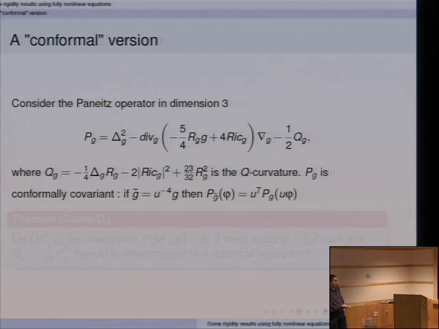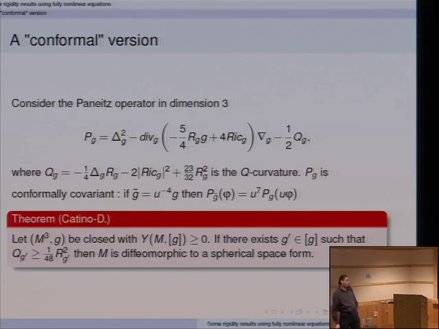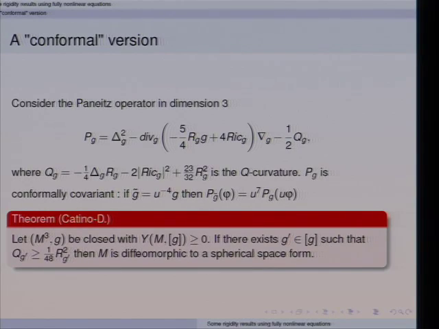So what is the result here? So assume that the Yamabe invariant of, sorry, here there is a mistake. You have to put strict here. You assume that the Yamabe invariant is strictly positive.